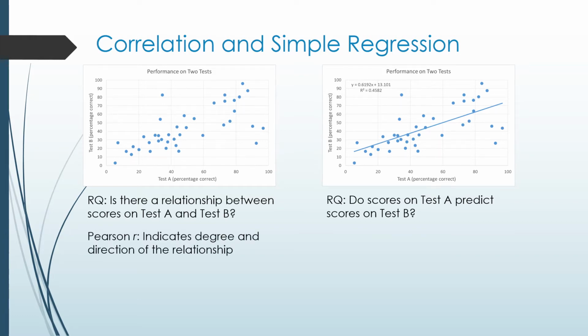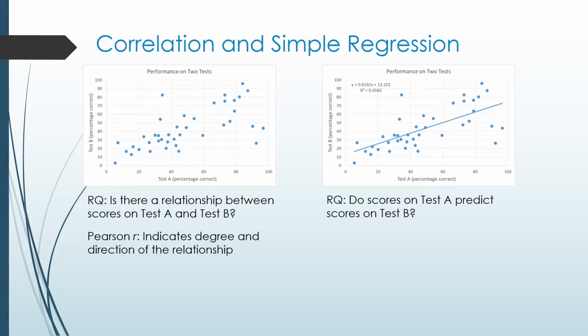Under the correlation, one of the statistics that we're mostly concerned with is the Pearson R, and that indicates the degree and direction of the relationship. So it tells you how strong the relationship is between the two variables, as well as whether it's a positive relationship or a negative relationship. A positive relationship would be as the scores on test A increase, then also the scores on test B increase.